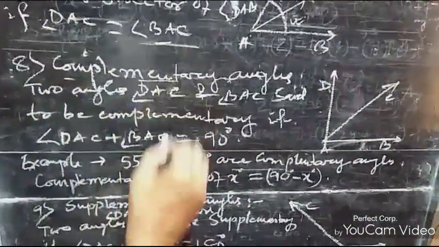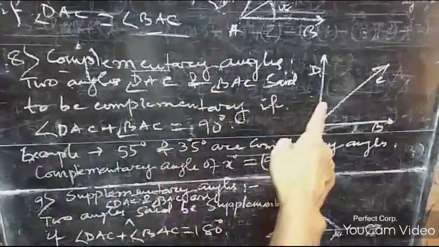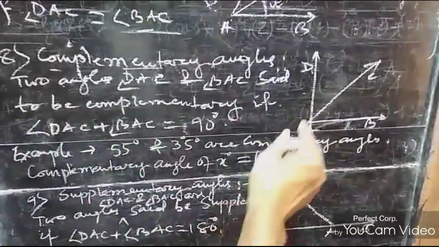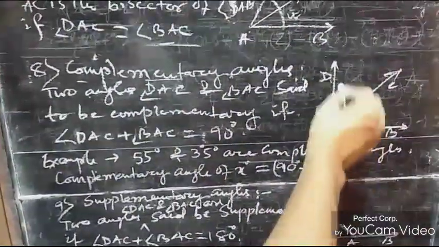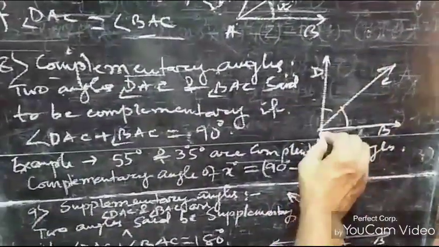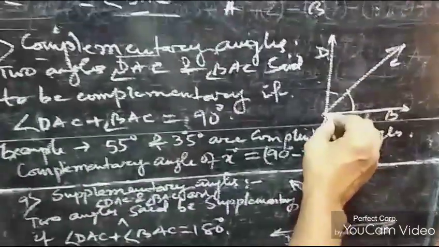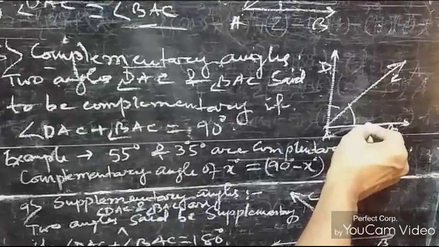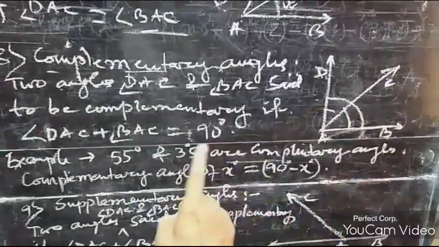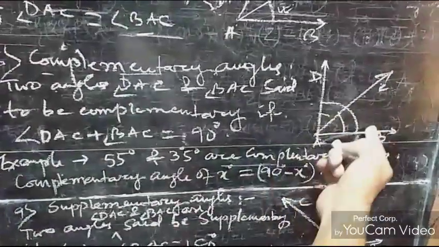Complementary angles: two angles are said to be complementary to each other when the sum of these two angles measures 90 degree. That is, angle DAC plus angle CAB, or BAC. If the sum of these two angles measures 90 degree, then one angle is the complement of the other.